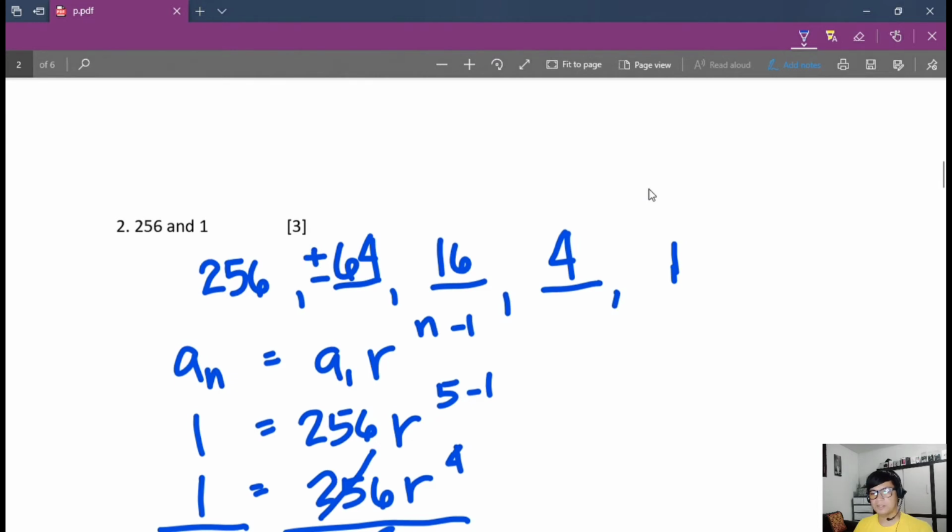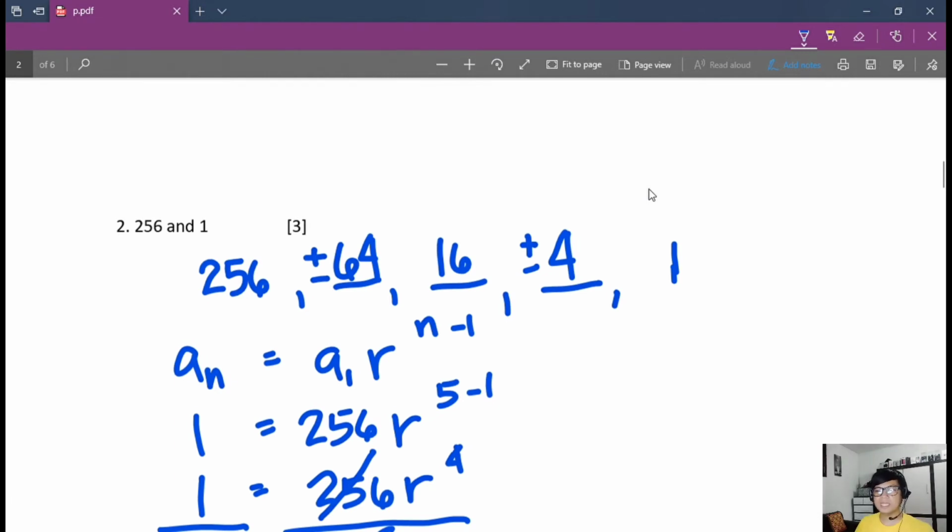Right? So, negative 64 times negative 1/4, that's 16. 16 times negative 1/4, that's negative 4. Then, negative 4 times negative 1/4, that's 1.